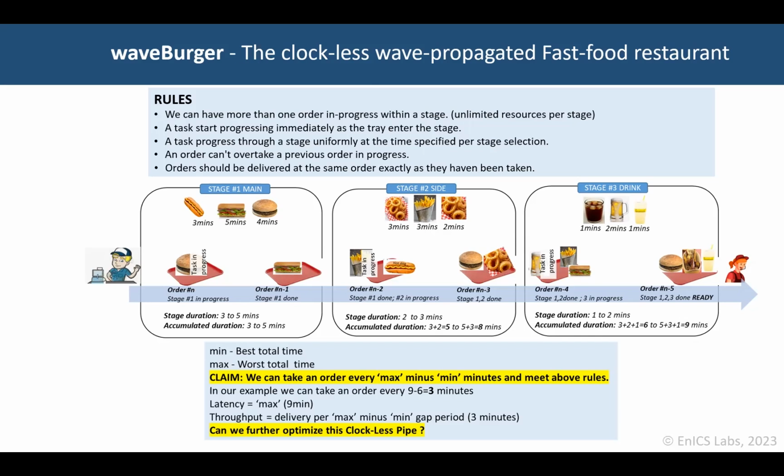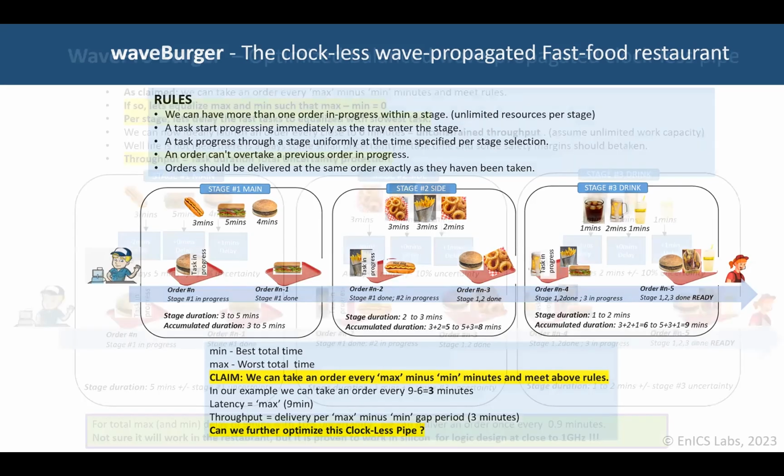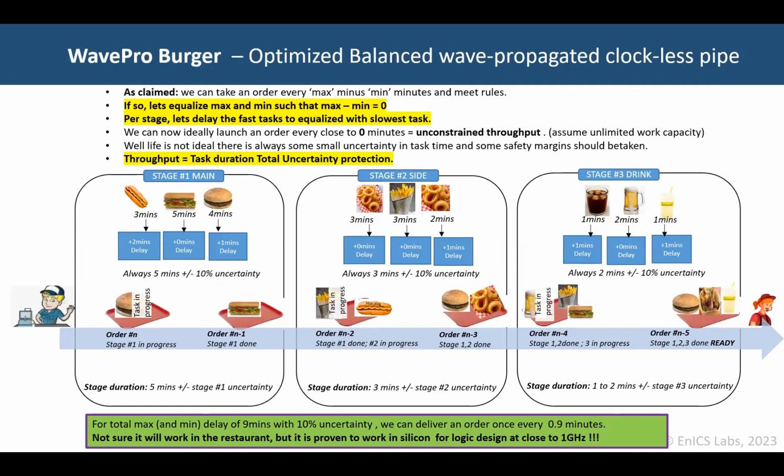Can we further optimize this? If our claim is that the throughput is only determined by the maximum minus the minimum total time, if we equalize them, that will be 0. This means that our throughput will be actually unconstrained.